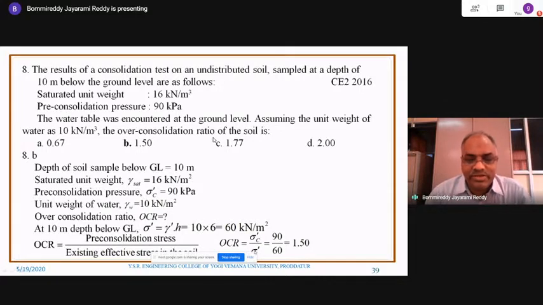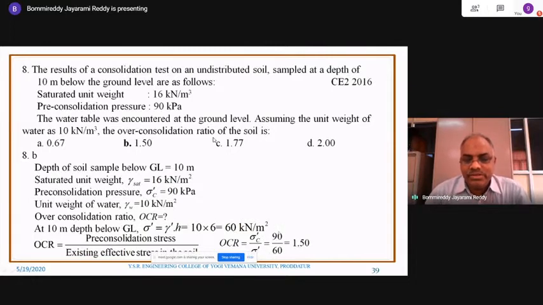What is the stress at the existing level? You know that the sample is taken from 10 meters below the ground level and water is up to the ground level. So sigma dash will be equal to gamma dash H. Gamma dash means H is 10 meters. Gamma dash is 16 minus 10, since saturated unit weight is 16. So it is 6, so 60. So 90 by 60 is the over consolidation ratio.